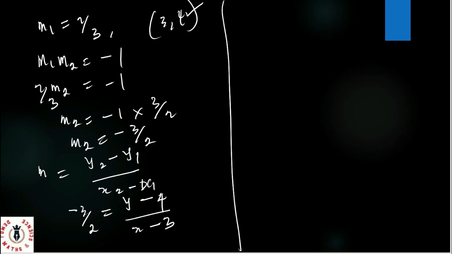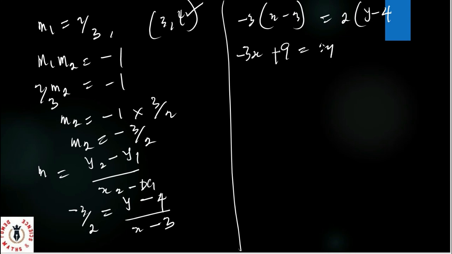Let's cross multiply. So I have minus 3 times x minus 3 equals 2 times y minus 4. On opening the bracket, minus 3x plus 9 equals 2y minus 8.